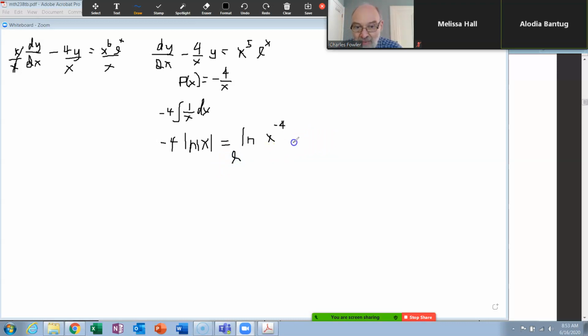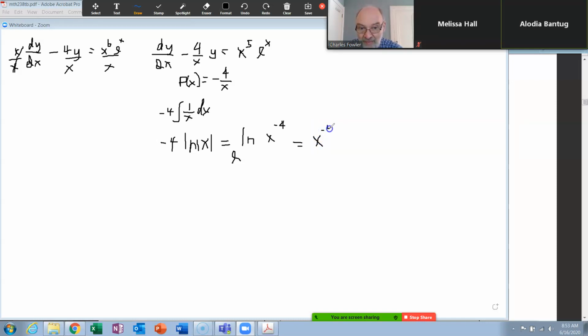Now, do you see why I wanted it as a pure log? What does that give you? What is the e to the natural log of x to the minus 4? The exponential function and the log functions are inverse functions of each other. So one undoes the other. You're only left with x to the minus 4.